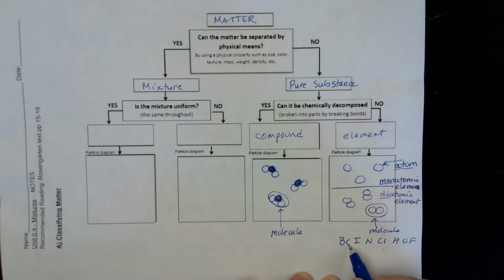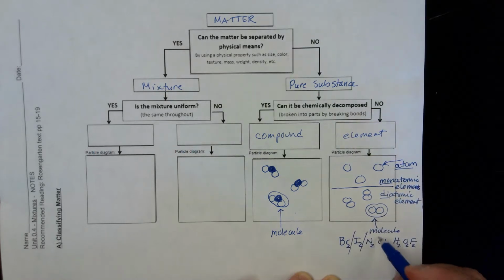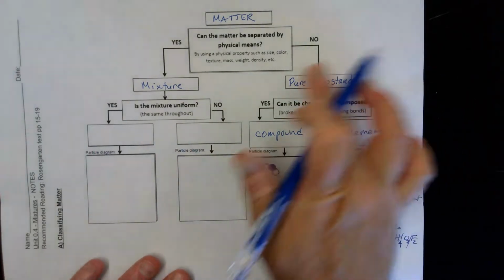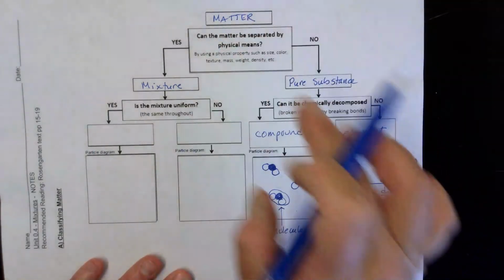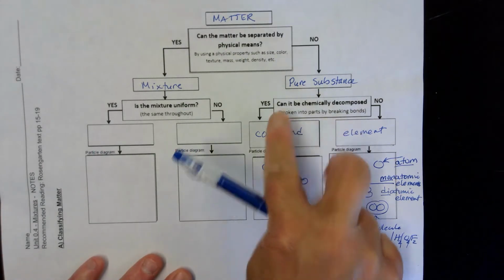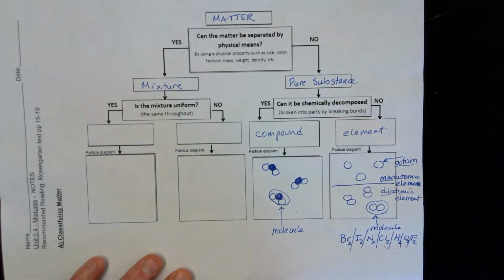Those elements exist diatomically as Br2, I2, N2, Cl2, H2, O2, and F2. And those are not all together. Those are just the 7 different elements, how you would write their formulas. So pure substances are a type of matter that are classified as either compounds or elements depending on whether or not they can be chemically decomposed.